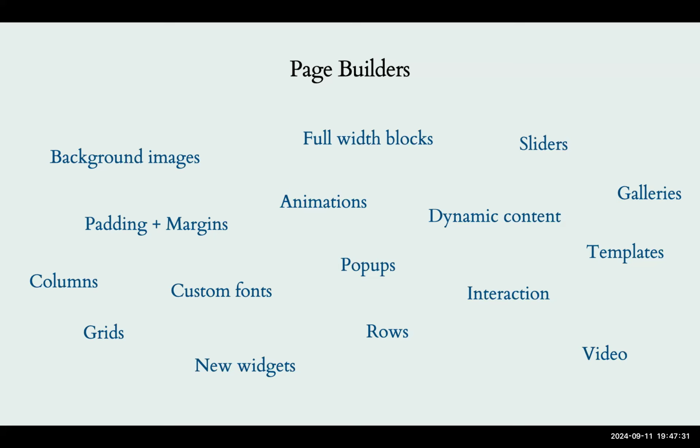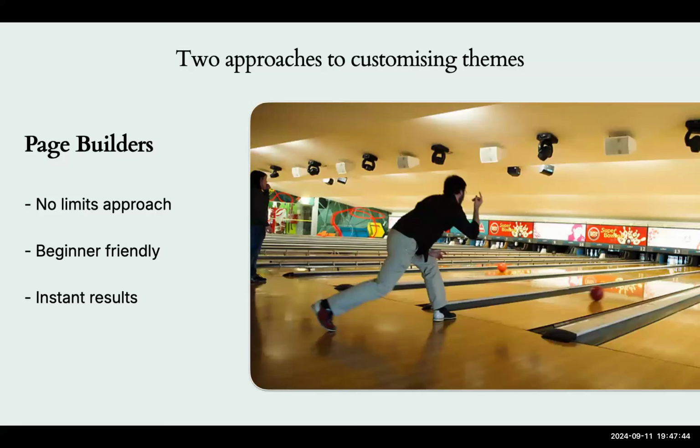Where we are at this point in time is, the way I like to see it, there are two ways of building custom themes or custom layouts in WordPress. There's the page builder approach. It's basically unlimited. You could develop any kind of layout you want, and if you've had experience using page builders, a big one is obviously Elementor.